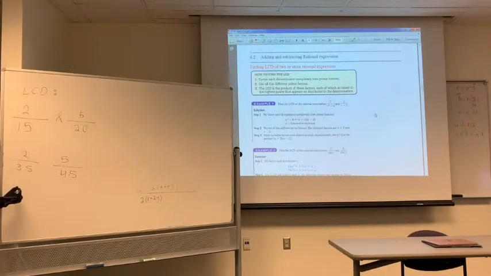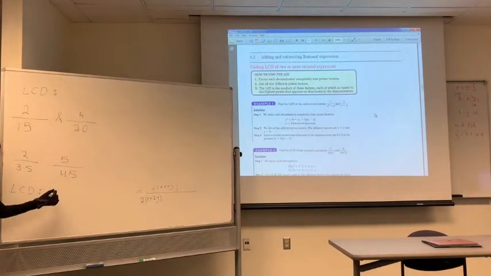Then write down all the common and uncommon factors between this one and this one. We are finding the lowest common denominator, okay? We are talking about denominators here, right? We are going to list all the common and uncommon factors between these two denominators.